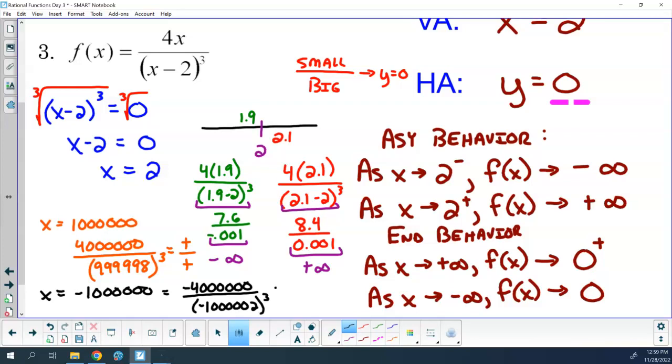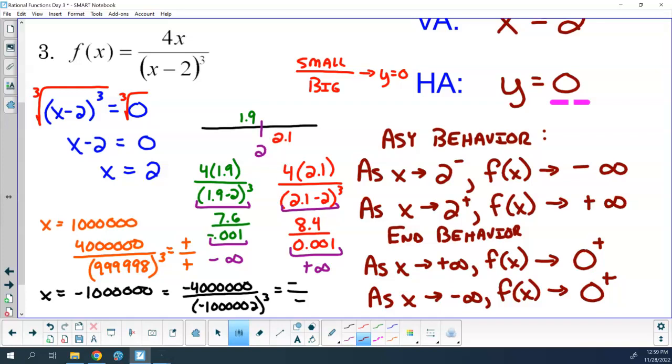Top's going to be a negative number. The bottom, a negative times a negative times a negative is also negative, and a negative divided by a negative is positive. So they're both going to approach 0 from above on both sides of the graph. And that's fine. We have to do that logic to prove that out.